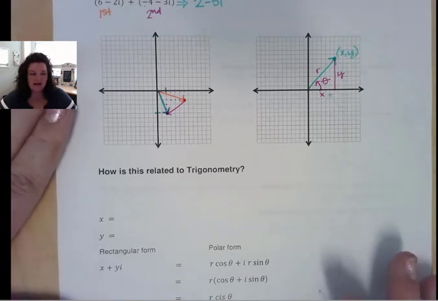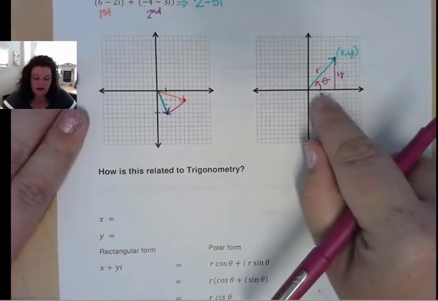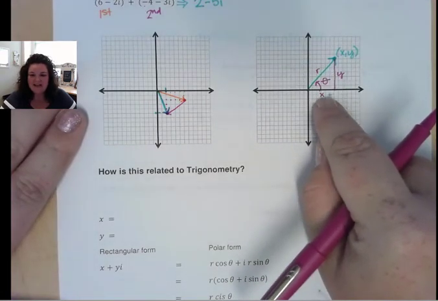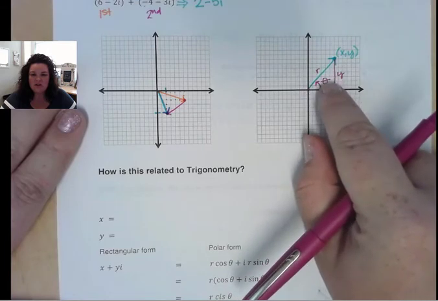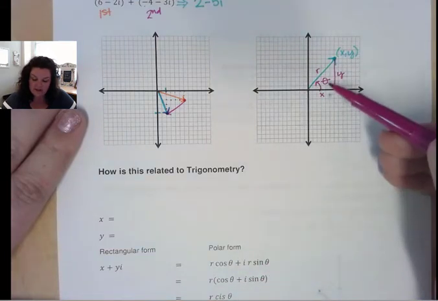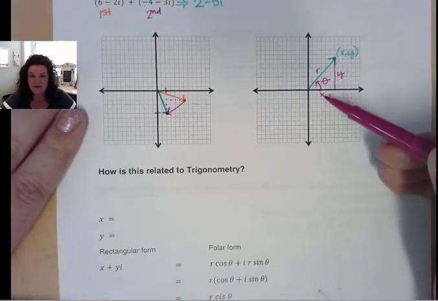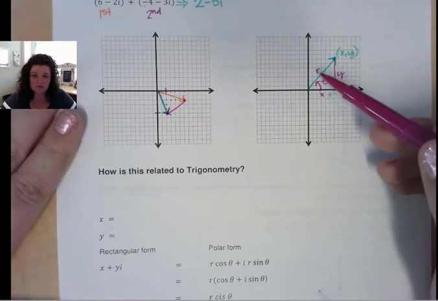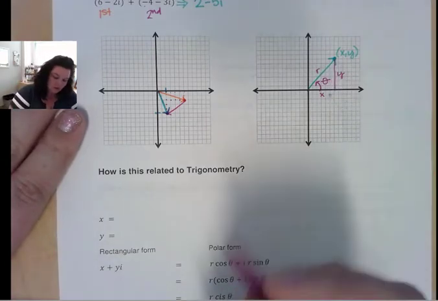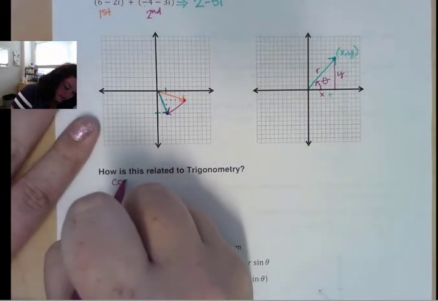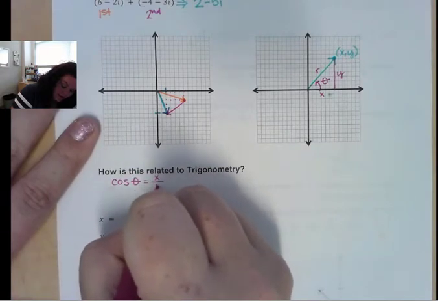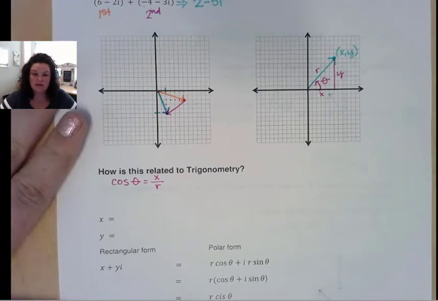So let's look at x. I want to see how x and r are related. Well, we know if we use x and r, and we're talking about this angle theta, the x is the adjacent side, and the r is the hypotenuse. And we have a trig function that relates adjacent and hypotenuse, which is cosine. So we could say that cosine theta is equal to x over r.